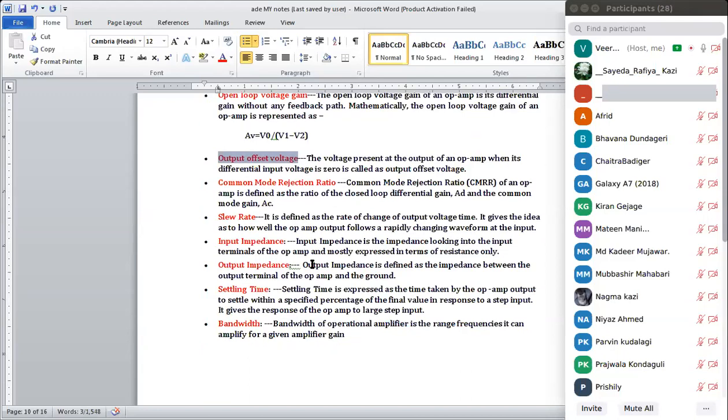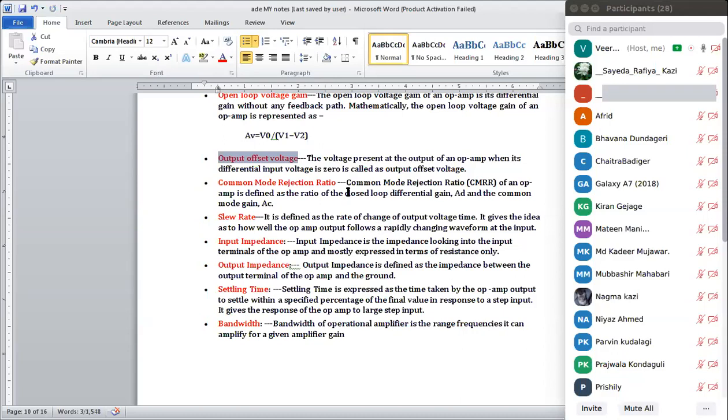Then the common mode rejection ratio, CMRR. It is defined as the ratio of the closed loop differential gain, AD, and the common mode gain, AC.